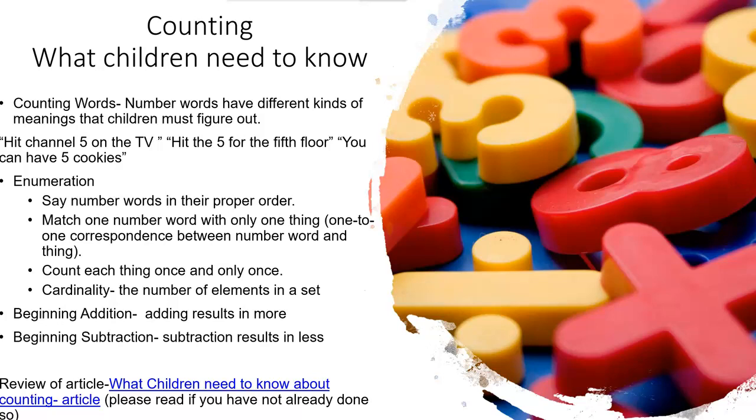Children learn that you use counting language in different ways as we talk to them, and as we say the different types of use, they hear the language and begin to process and understand. So we want to expose them to this and point it out when we can.